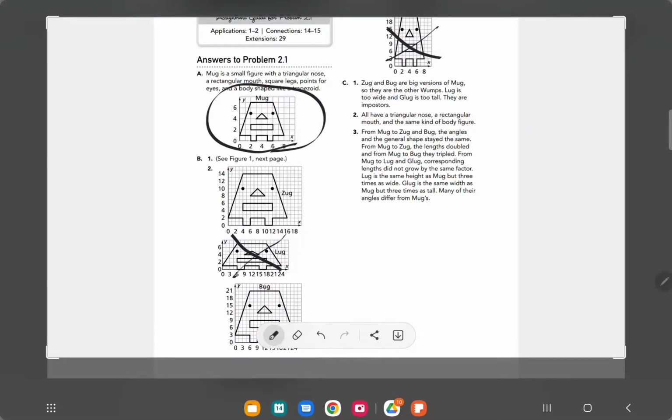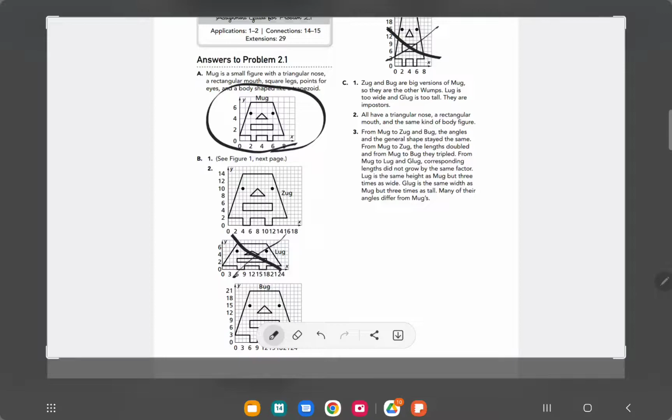And then what things are the same about Mug and the others? Well, they're the same shape in a way, right? But Lug and Glug, I don't know if we could say they are the same shape because they're disproportionate. We could not say that they are similar.